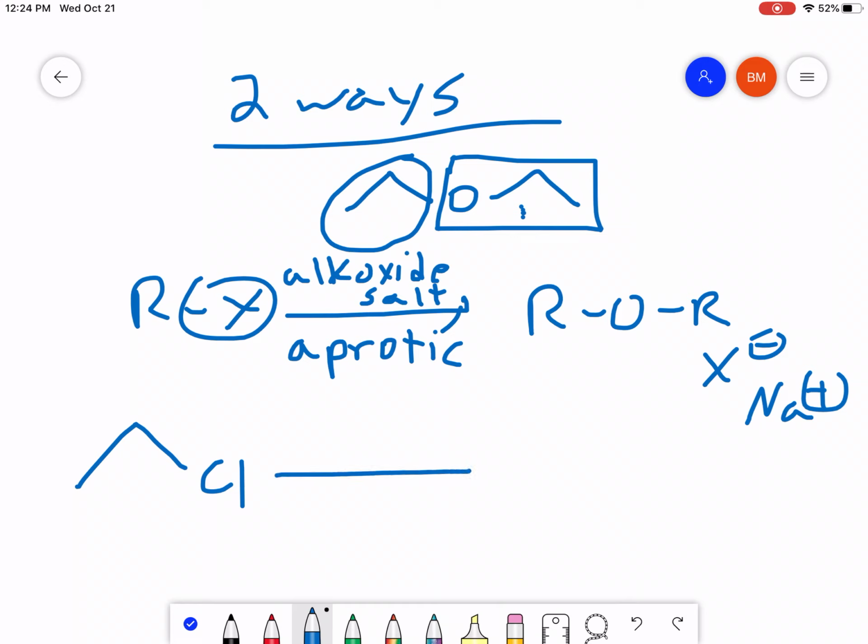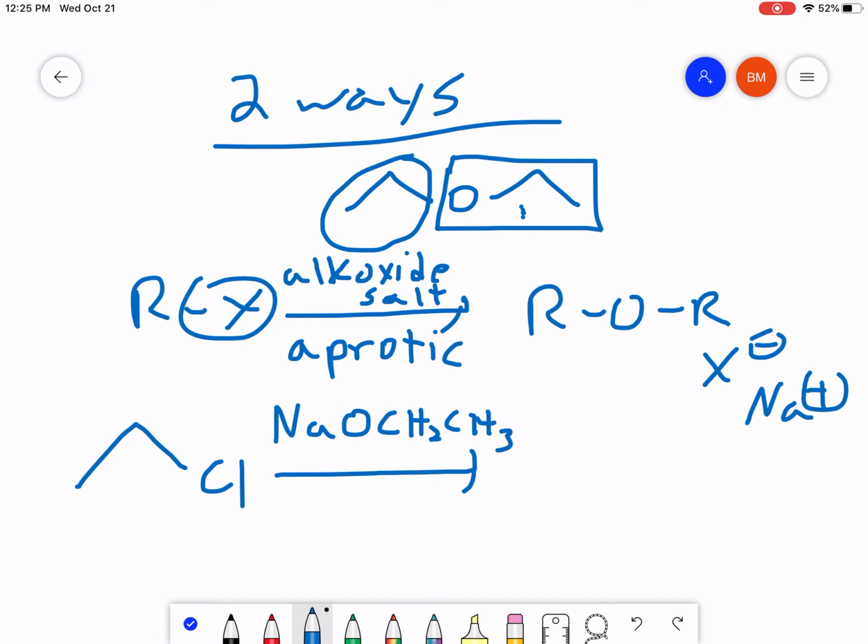We want to react it with an alkoxide salt. So, basically in the salt, I need this to be either a sodium salt or a potassium salt. Either one works, all right? In the example I just gave you a sodium, so I'll use a sodium. And then you want the counter ion, the anion, to be the OR minus. And that is, in this case, OCH2CH3. Right? When it's just sitting in the jar, sodium ethoxide is the name of it.